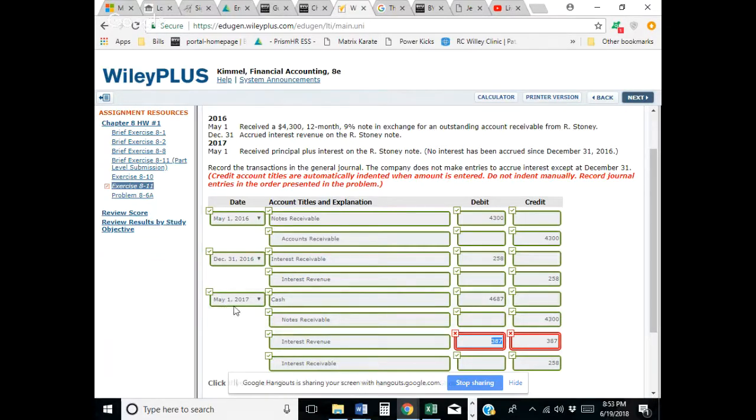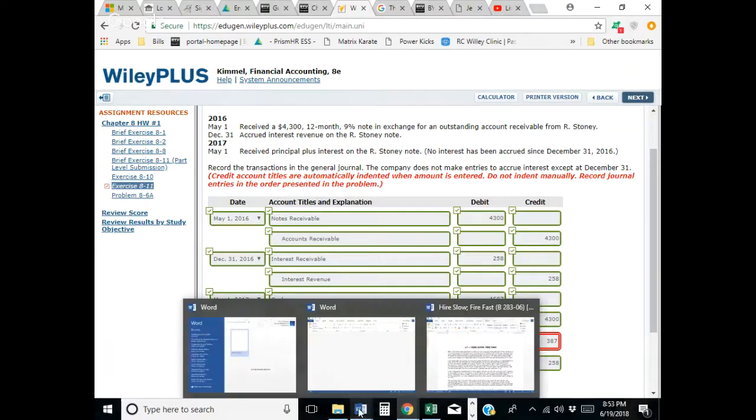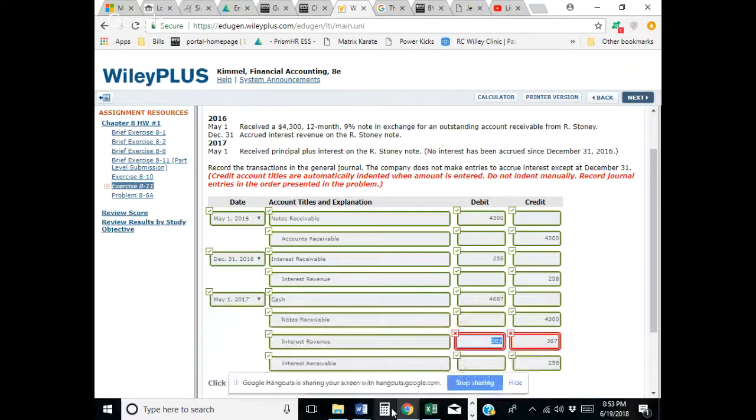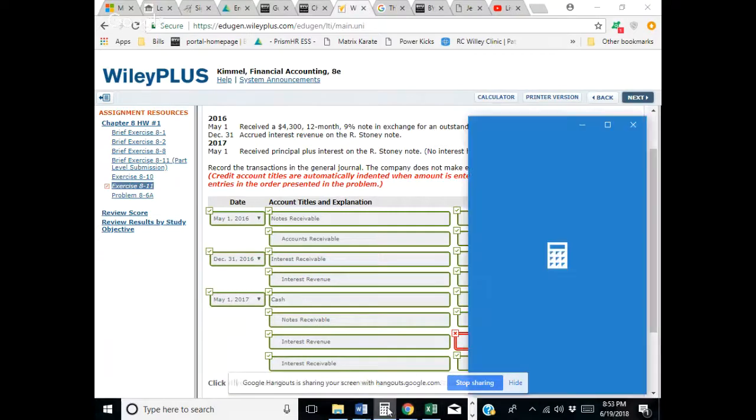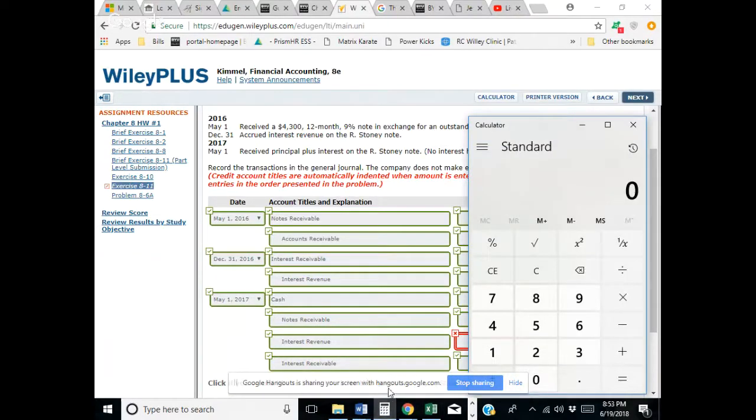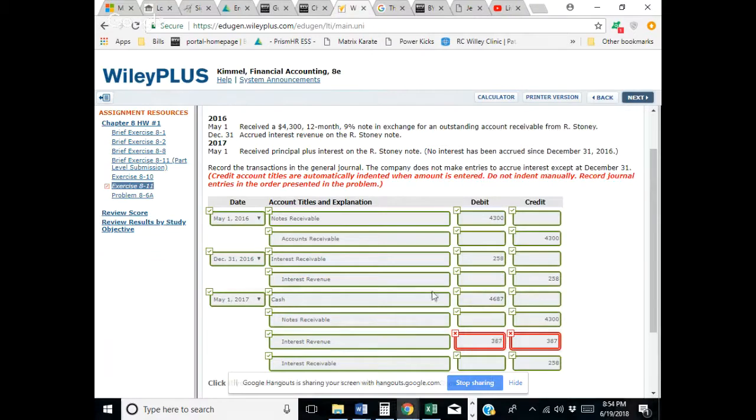Going to May 1st, 2017, it says cash. We're going to debit cash. I'll show you the amount here. Pull the calculator back up. We had a principal of 4,300 and 9% interest of 0.09. I did something wrong, sorry, guys.